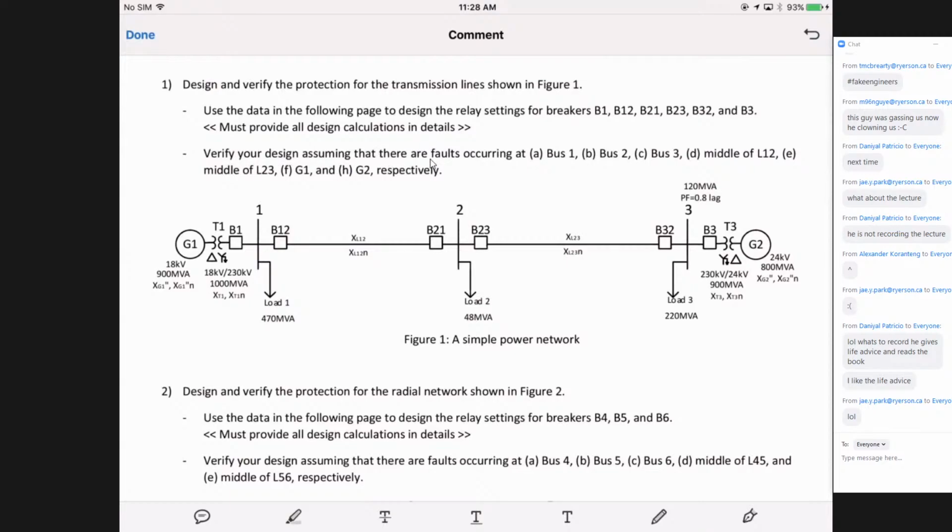And verify: assume some fault occurs in this location, and see whether the breaker operates correctly in the design you have. This is the first part. The second part is the radial system.